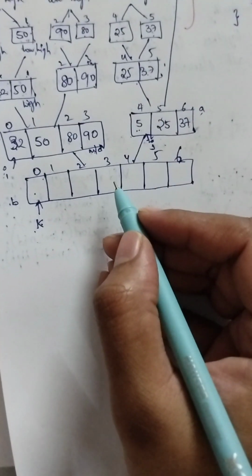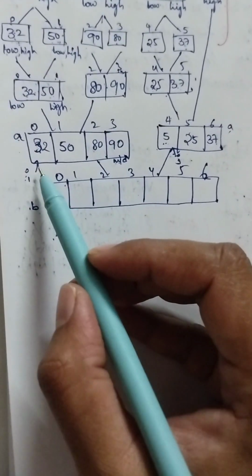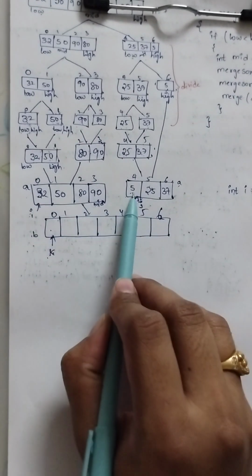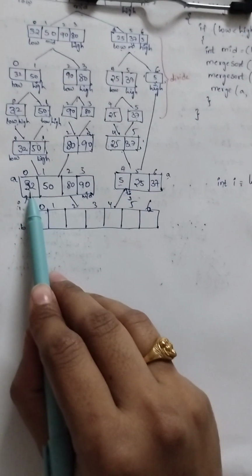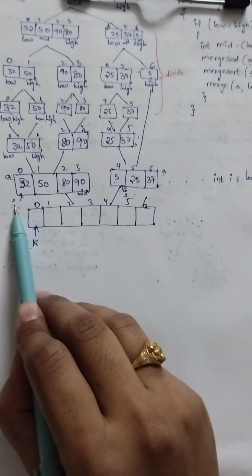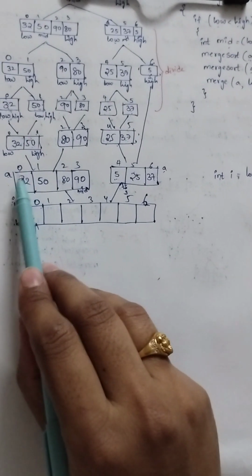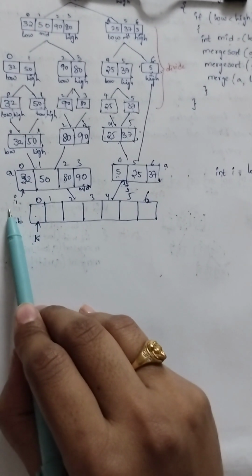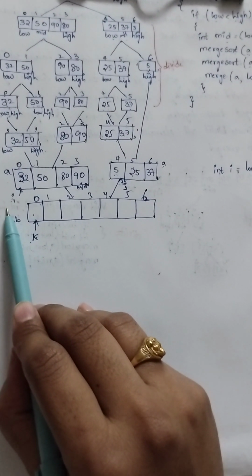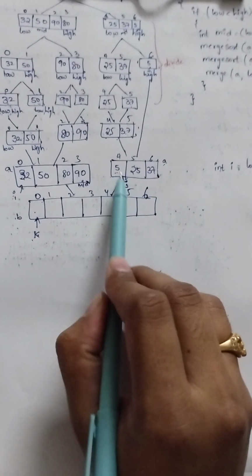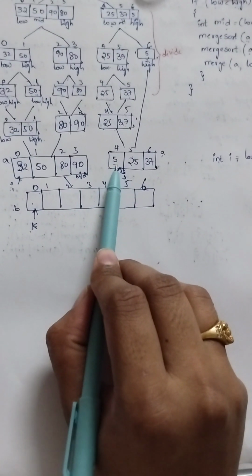So now first what we need to do here, this 32 is comparing with 5. So where is 32 actually? In A of I. I is pointing to index 0, right? So if A of I is less than or equal to A of J, means what we are going to do?